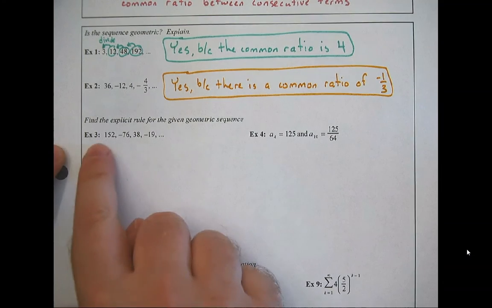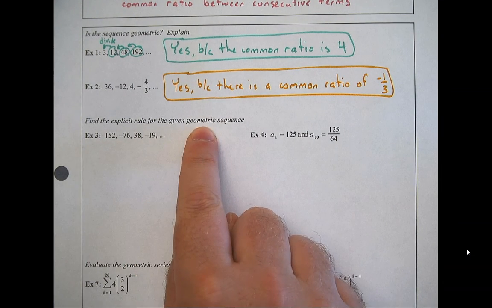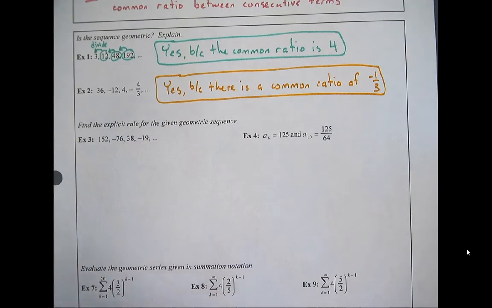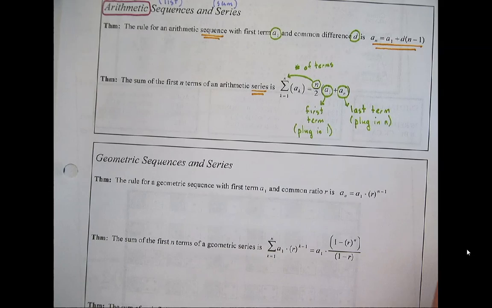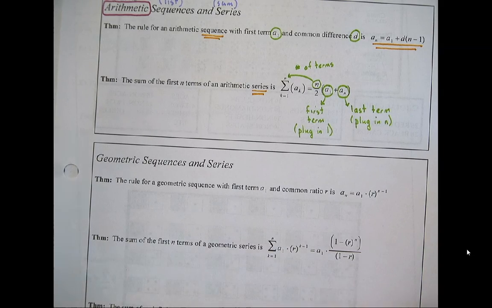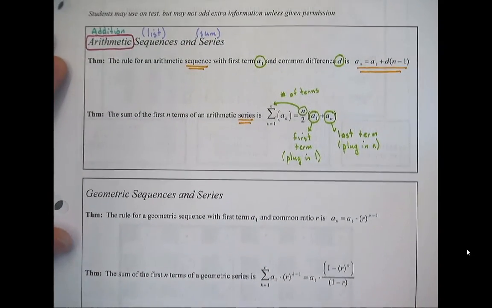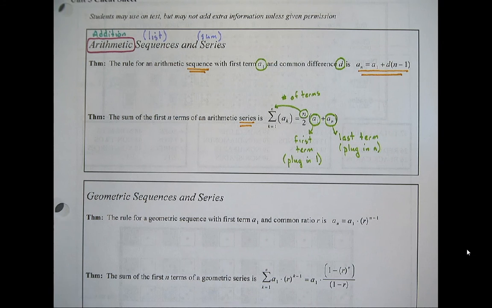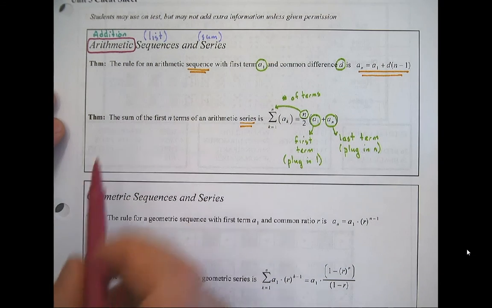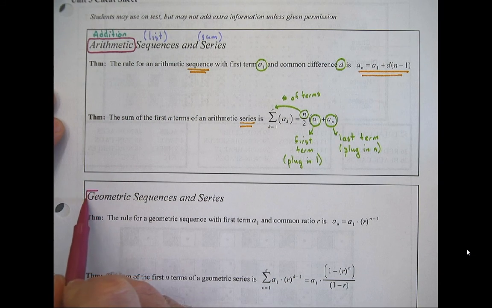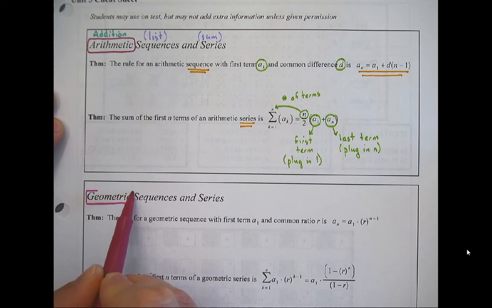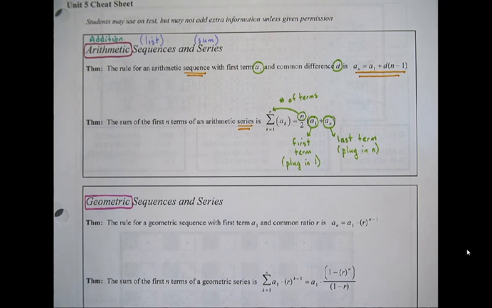So here's a sequence. It's geometric, and we're going to try to write the rule for it. Well, you could try guess and check and kind of figure it out that way, or we can go to our cheat sheet and use this to help us narrow down the options. Arithmetic, this is now geometric. So I'm going to circle this. There's my geometric problem.